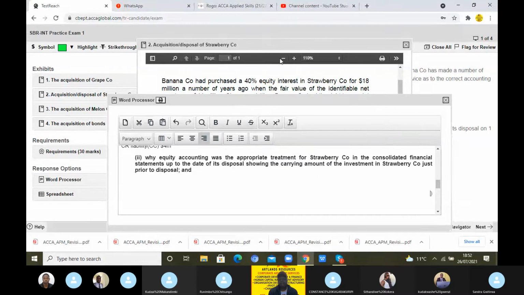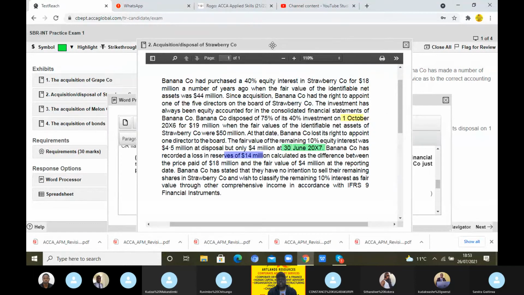So the timeline of events is like this. Strawberry was acquired as a 40% equity interest, meaning it was between 20 to 49%, so it was within the associate category. An associate is not consolidated, but it is equity accounted.